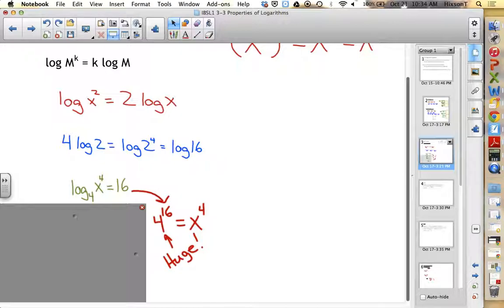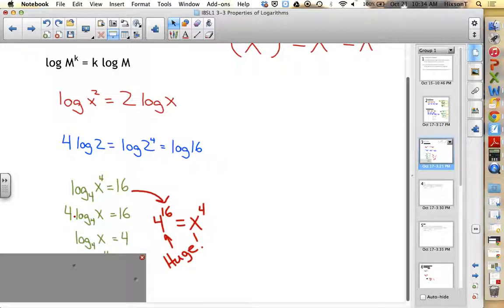However, let's think of it in terms of this rule. How could I rewrite this? 4 times the log base 4 of x equals 16. Now, divide by 4. The log base 4 of x equals 4.